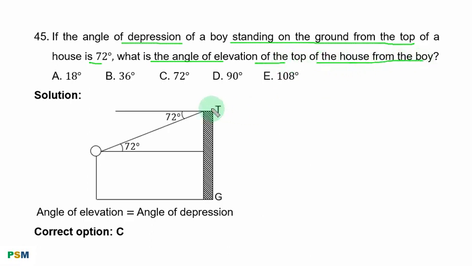You have the building, then the boy. An object is here, could be anything. Trying to look at the boy, hence the angle formed with the eye level is angle of depression, and that angle is always equal to angle of elevation. The correct option is C.